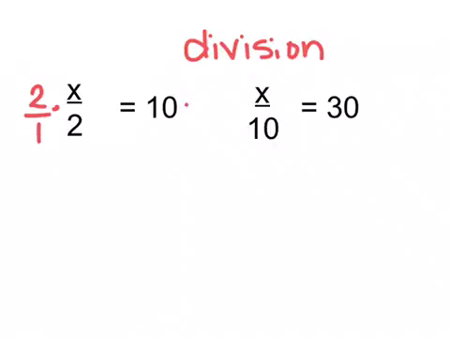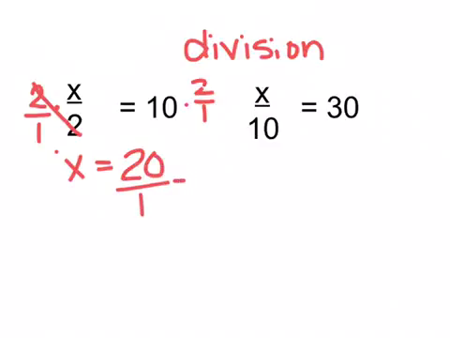And I also need to multiply by 2 over 1 on the right side. On this side, my 2 over 2 is 1. That cancels, and I have x equals 10 times 2, which is simply 20, over 1, or just 20.